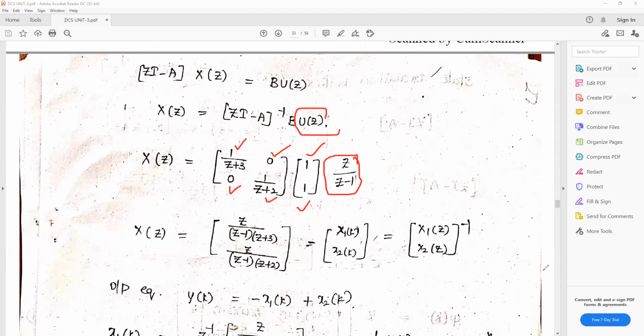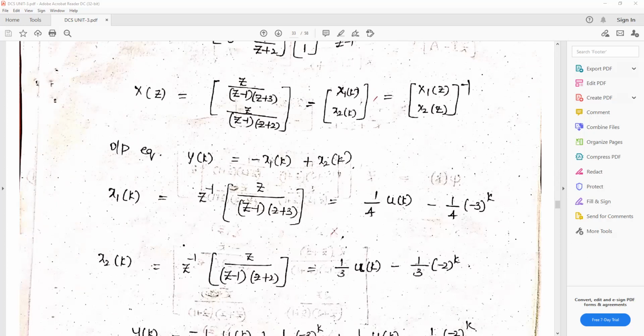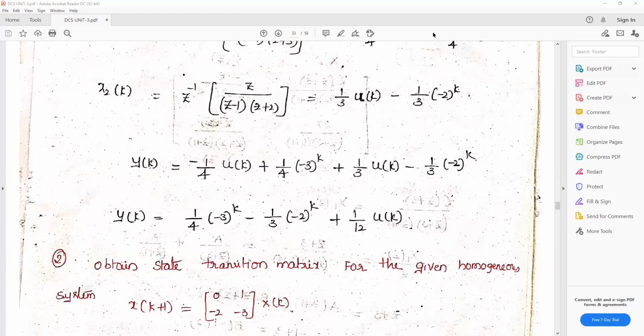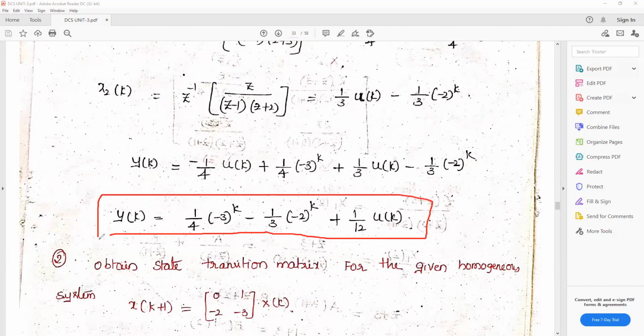So the output equation is y of k is equal to minus x1 plus x2. This is the output equation: 1 by 4 into (-3) whole power k, minus 2 minus 1 by 3 into (-2) whole power k.